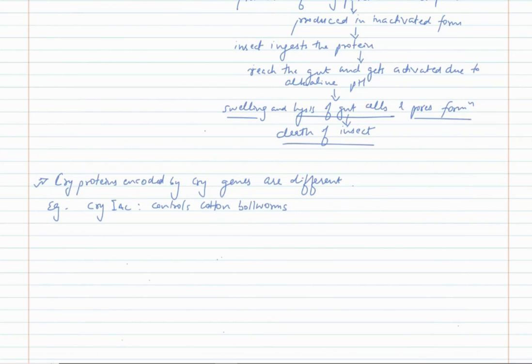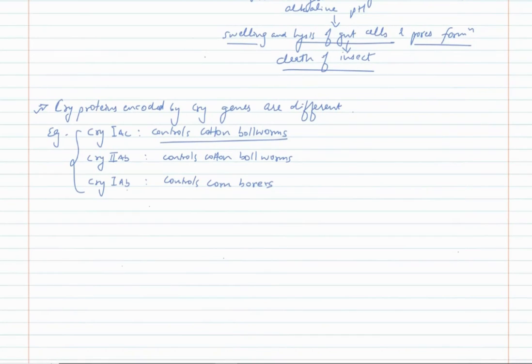So the gene cry1Ac will produce a protein that will control the cotton bollworms. Similar is the case for cry2Ab. It also controls the cotton bollworms. Cry1Ab controls corn borers. So different genes will produce different proteins which are specific for different types of insects.